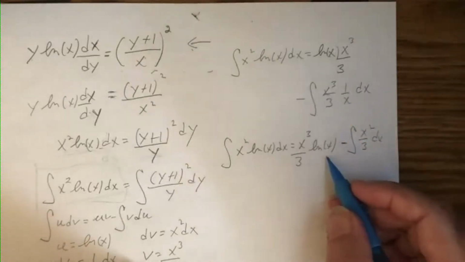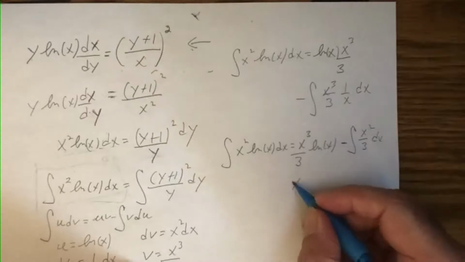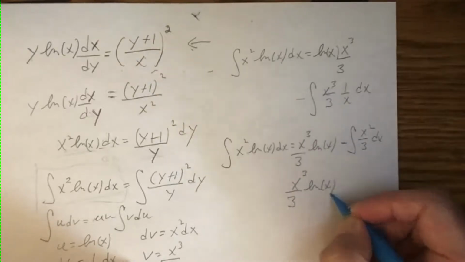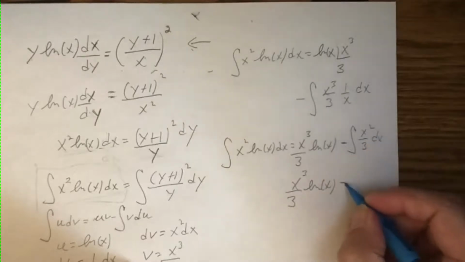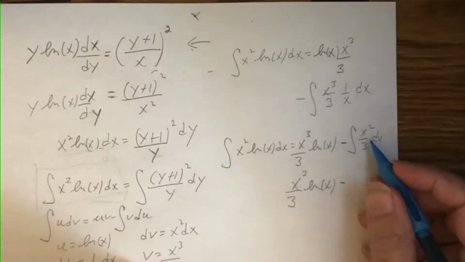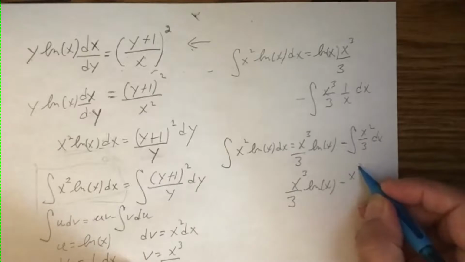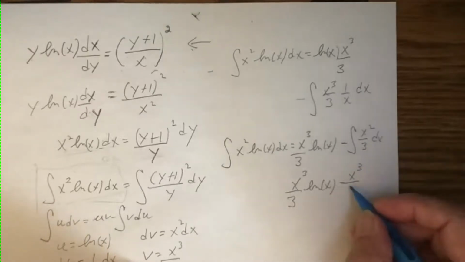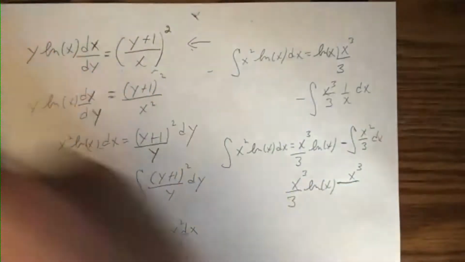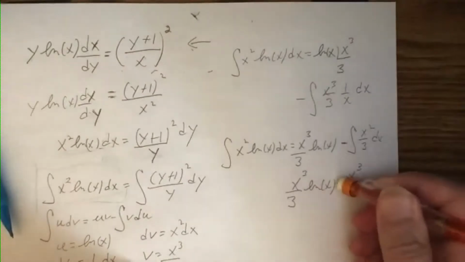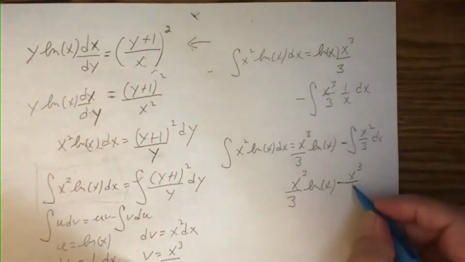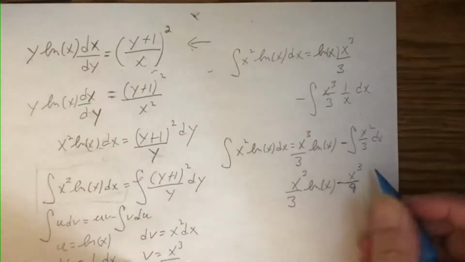So now this integral becomes x cubed divided by 3 times the natural log of x, and this is going to be minus, when I integrate this, x cubed divided by 9, right?